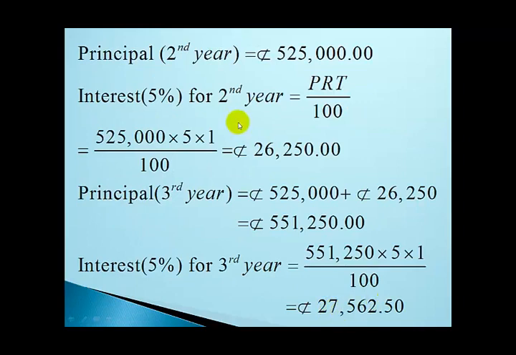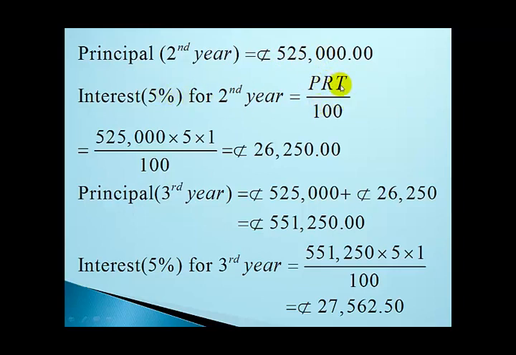Now we know that the principal for the second year is equal to 525,000 cedis. So the interest, the 5% for the second year, will be equal to P times R times T divided by 100. Now the principal is 525,000. The rate is still 5%, and the time of compounding is 1 year.